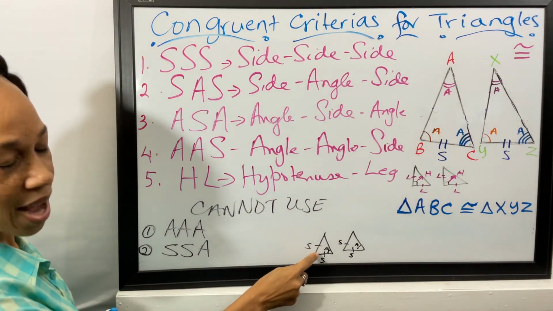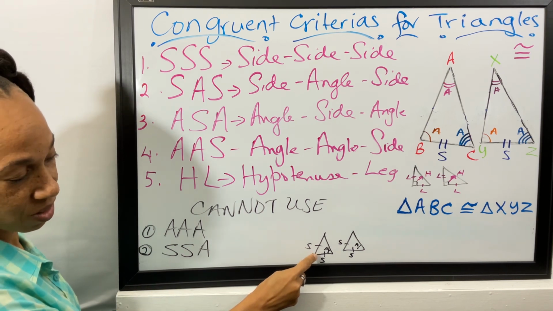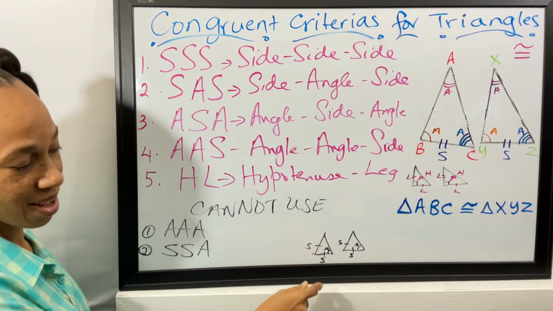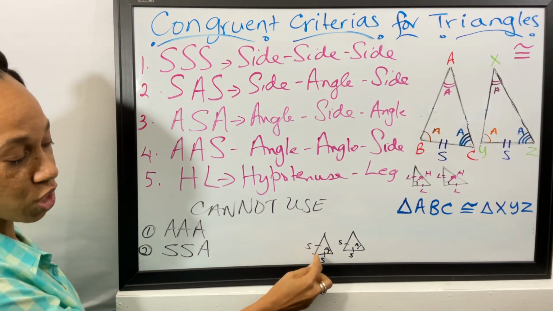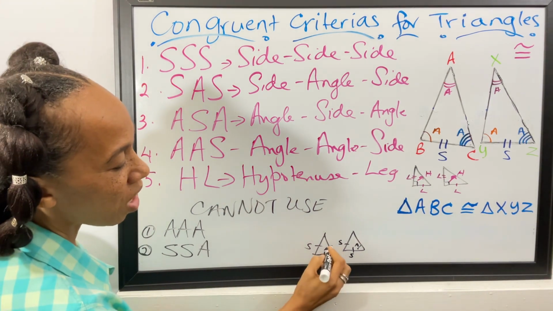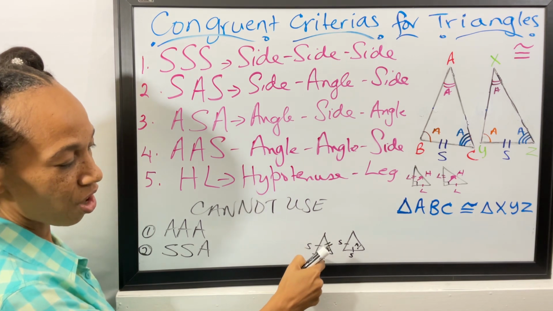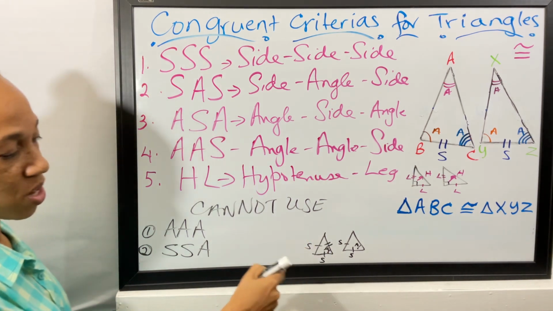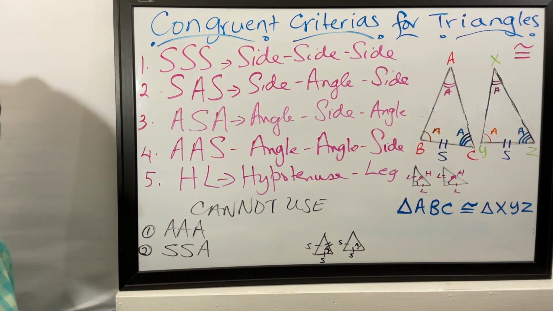What happened to the angle here? You have to ask yourself that question. So you cannot use SSA because you either have to put the angle in between here to use SAS, or you are going to use the other segment over here and use that as your SAS, but you cannot do that. All right, you cannot use SSA to prove that two triangles are congruent.